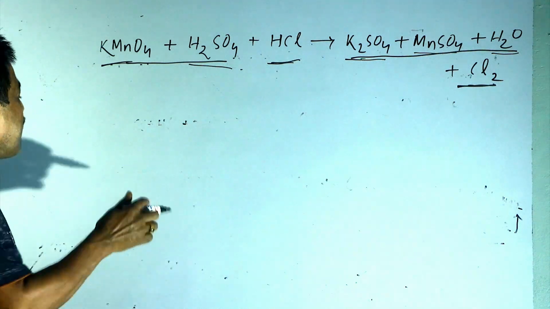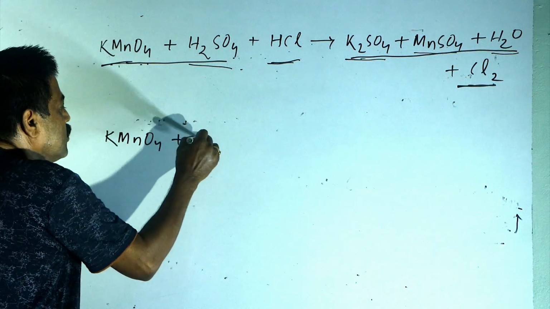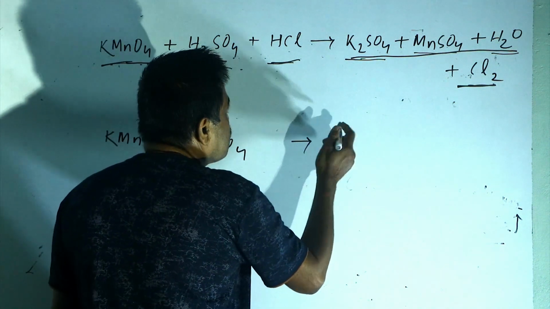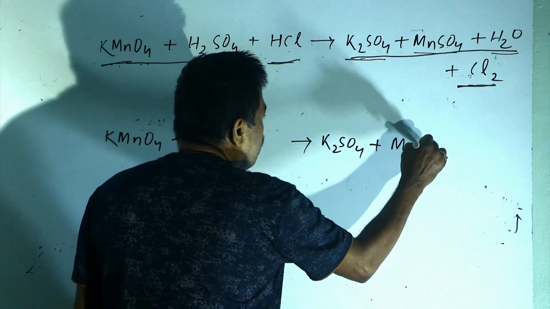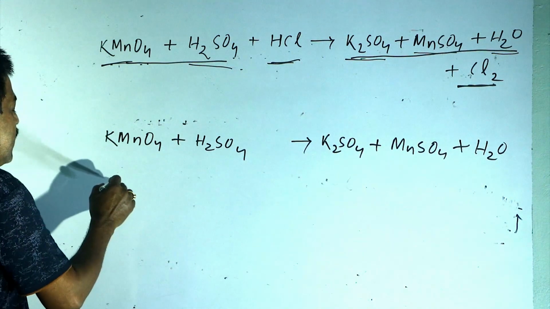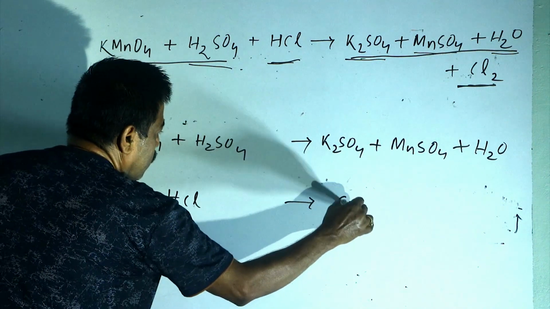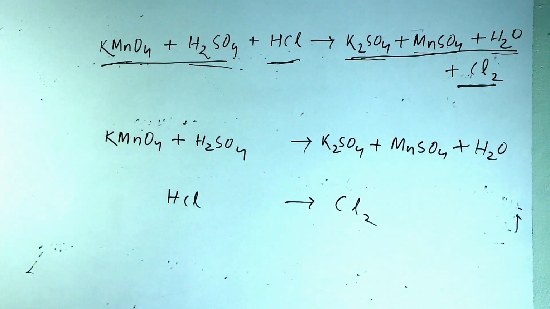The first part consists of KMnO4 plus H2SO4. That will give a partial equation, that is K2SO4 plus MnSO4 plus H2O, and here HCl can give Cl2. Then we have to balance each part equation.